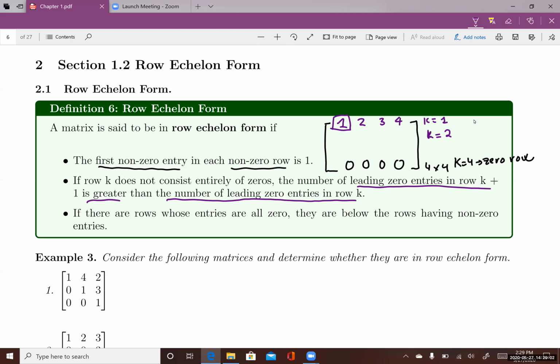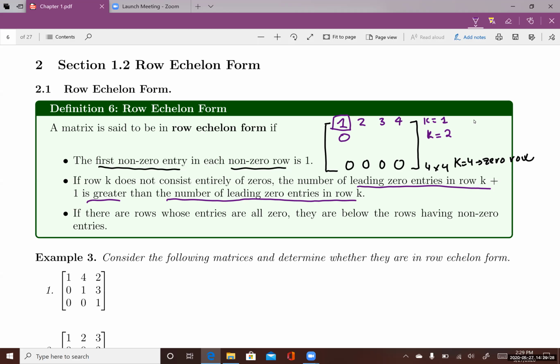The first row has no leading zero entry, because the leading entry is non-zero. So the number of leading zero entries is 0. That means in the second row, the number of leading zero entries has to be at least 1.